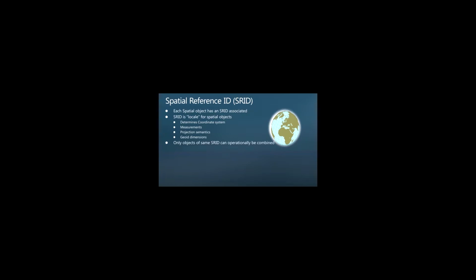Now, in SQL Server 2008 and 2012, only objects of the same SRID can be operationally combined. If I try to do an intersection between two different SRIDs, I will get a null value back.